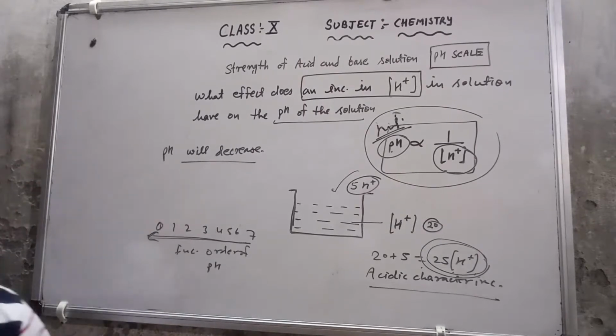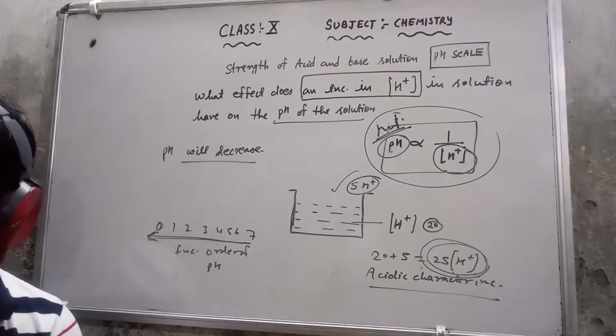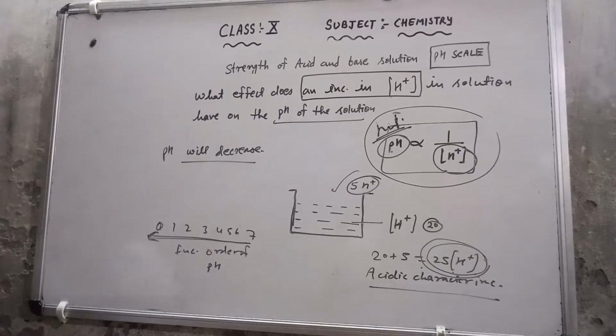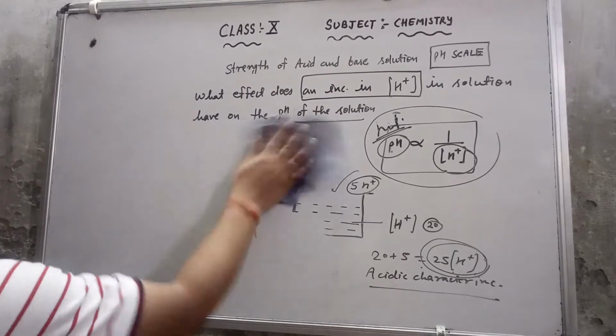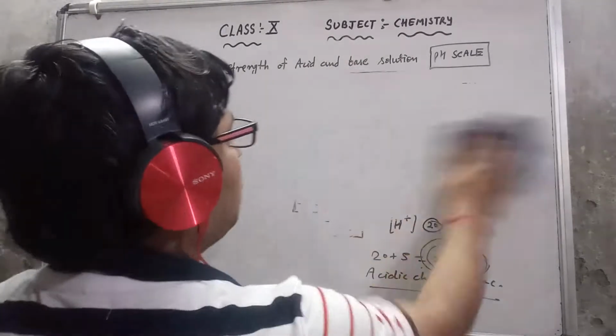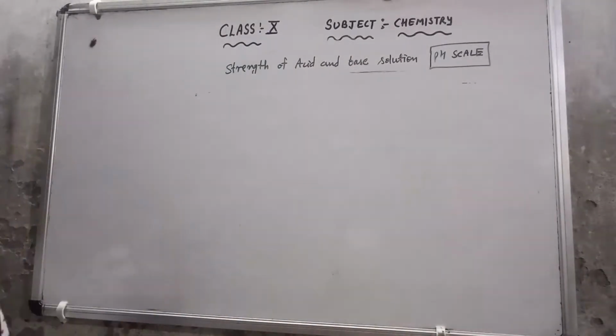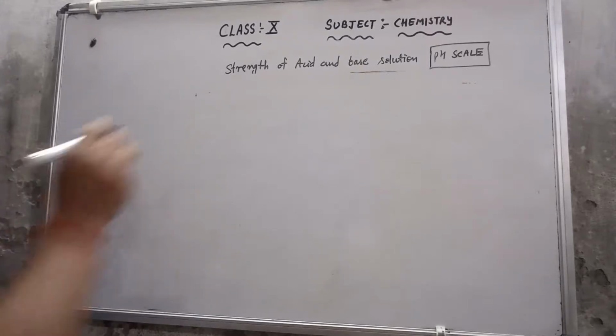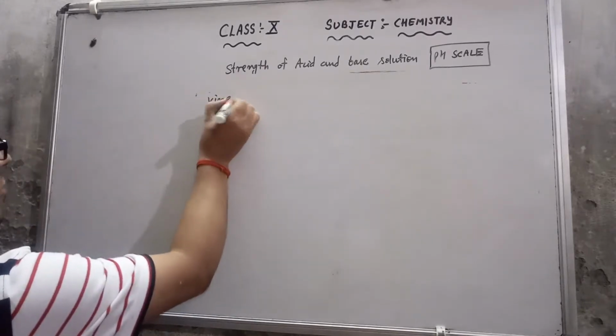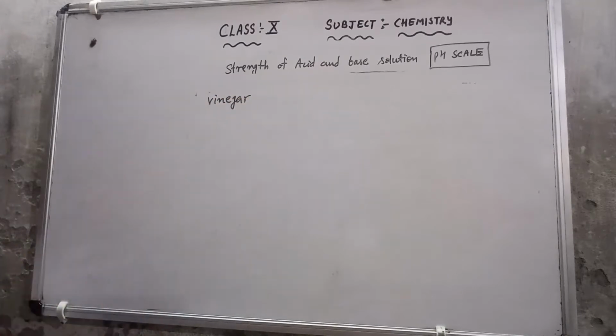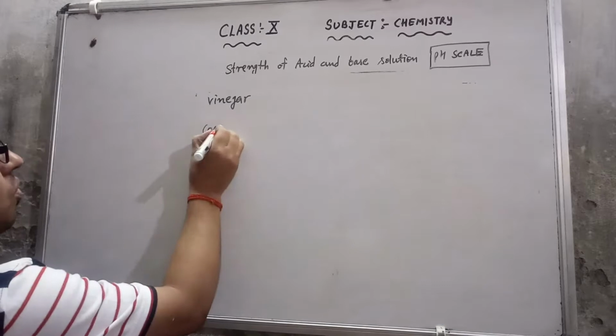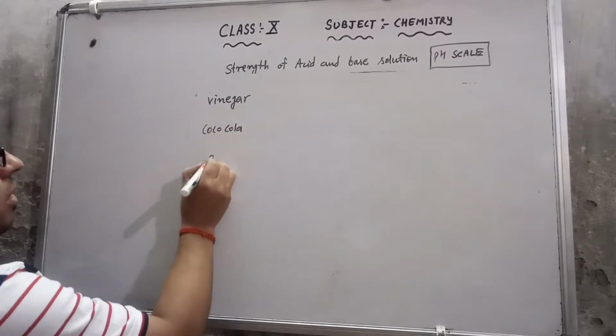There is no problem. Now I am going to discuss one more question with you. Suppose they give us the pH values of 3 solutions. One is vinegar, second is Coca-Cola, and third is beer.